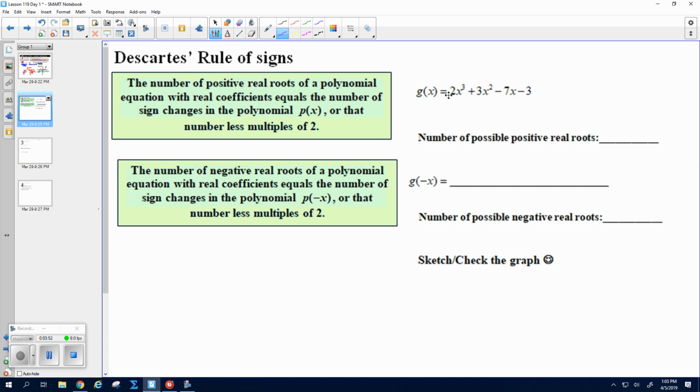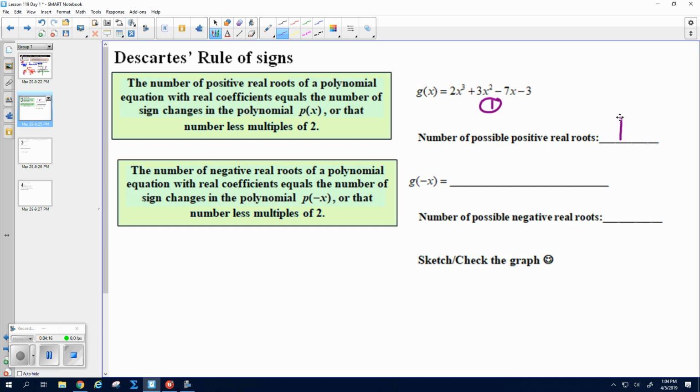So this guy right here is positive. This guy right here is positive. This guy right here is negative. That was a sign change right there. This guy right here is negative. That's not a sign change when you stay negative, okay? So the number of possible positive real roots is 1. And it has to be 1, okay?